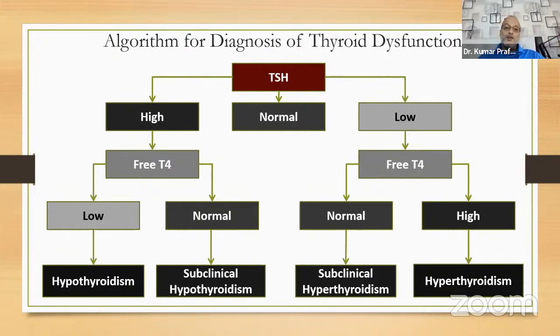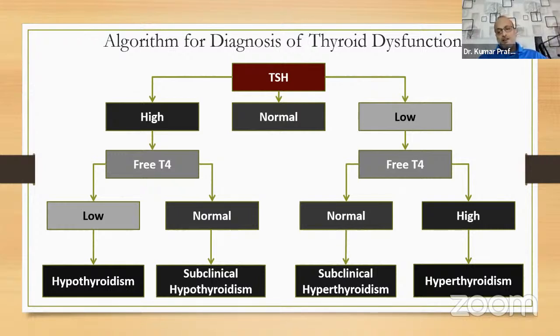But there are certain conditions in which TSH may be high but free T4 may be normal. It is usually on the lower side of the normal range. In that case, we call it subclinical hypothyroidism. Subclinical hypothyroidism may need treatment at some places, may not need treatment at most places.